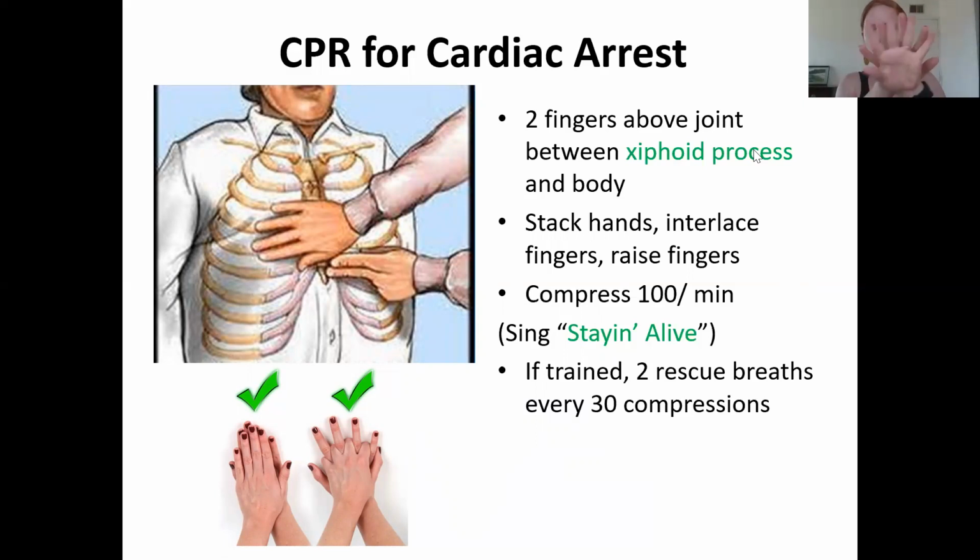So the first thing you want to do, interlace your hands like this. That's going to give you plenty of thrust as you push on the body. What they're showing you right here is you want to make sure that you're about 2 fingers above, so you can find the sternal angle where the body connects to the xiphoid process. Make sure you're above that, and you want to push on the body of the sternum.